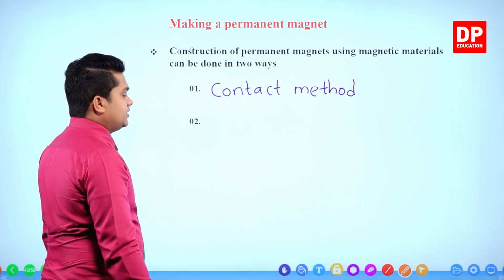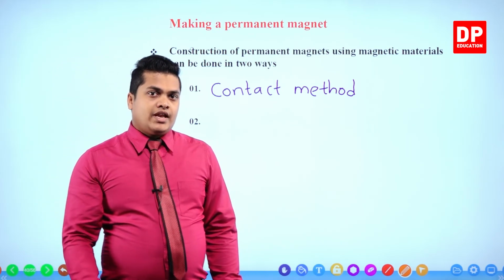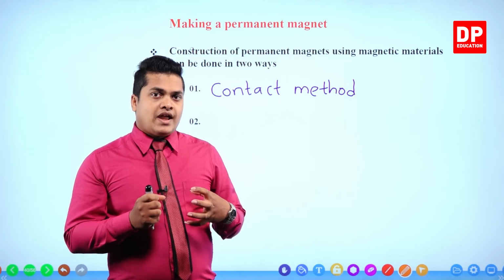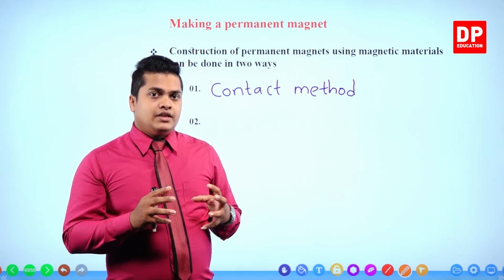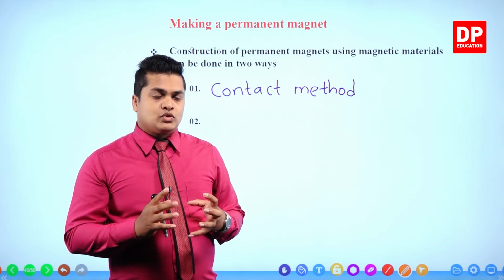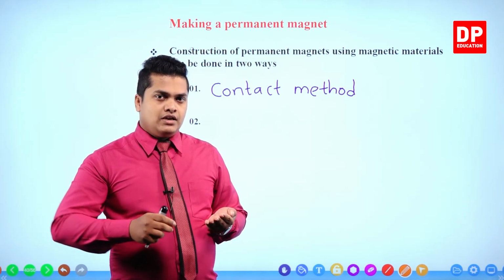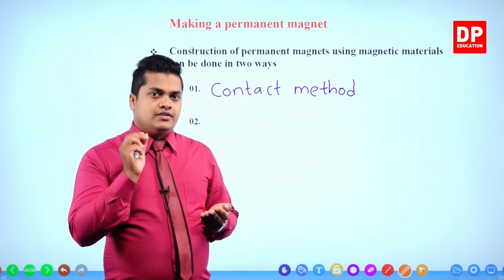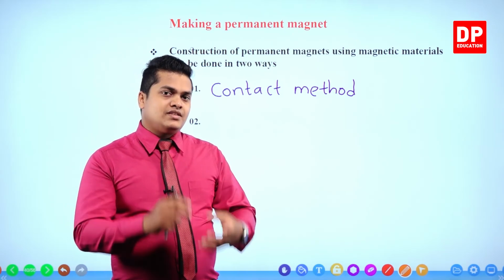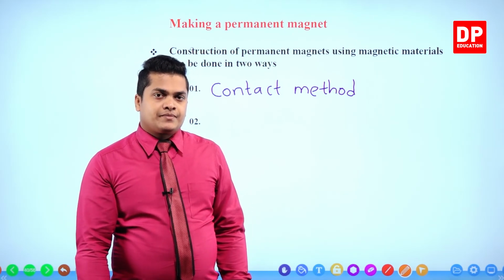In the contact method, can you remember the activity that we used to create a compass? We took a needle and we rubbed it against a magnet. That method is referred to as the contact method.